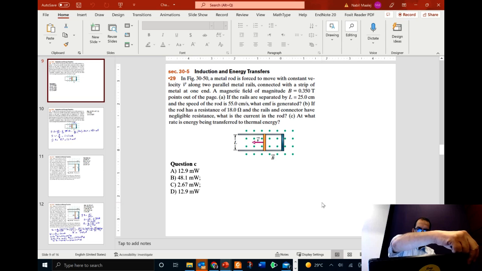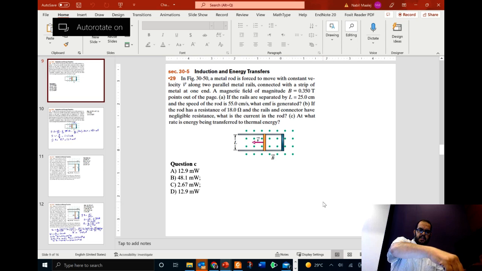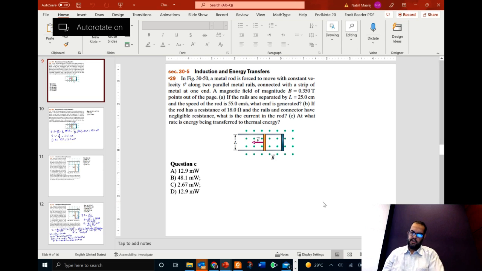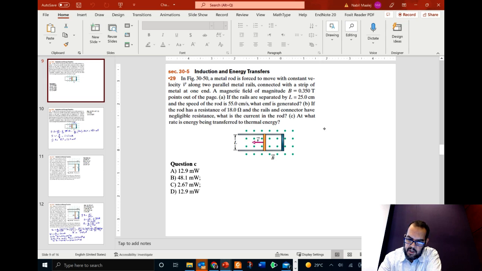Here we have the bar moving at the speed v, and we have already determined that the induced EMF is minus the derivative of the magnetic flux with respect to time, which gives us minus BLV.